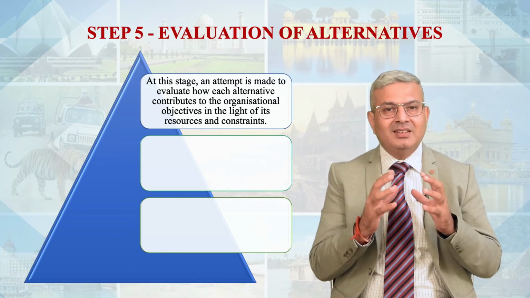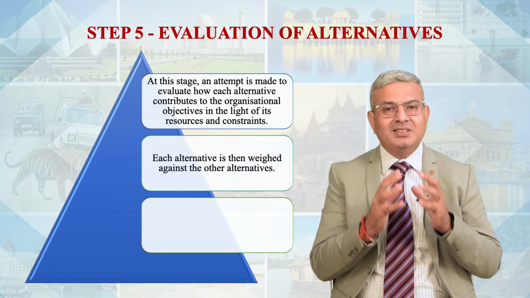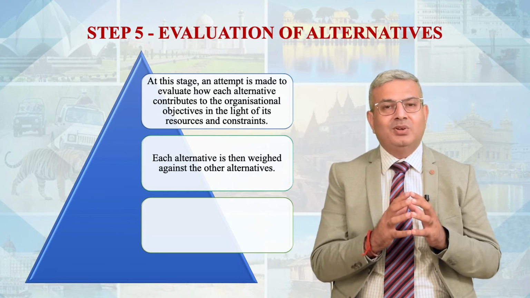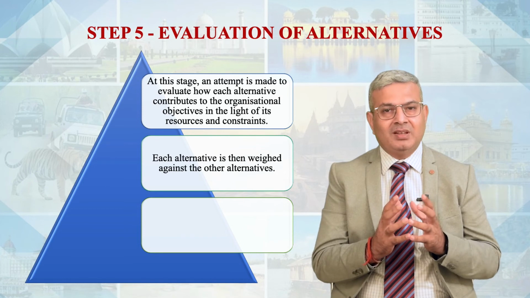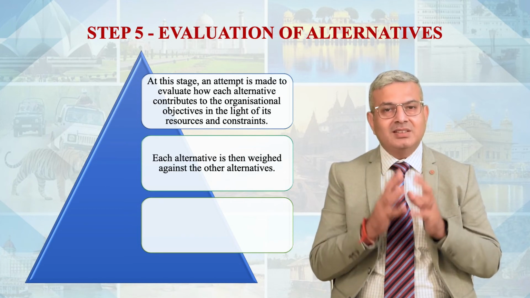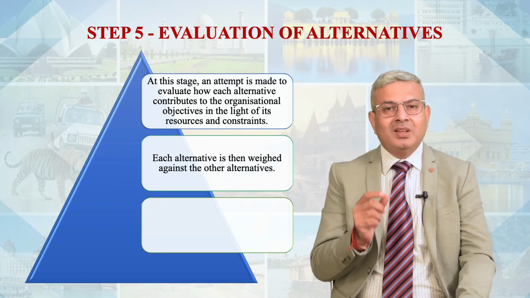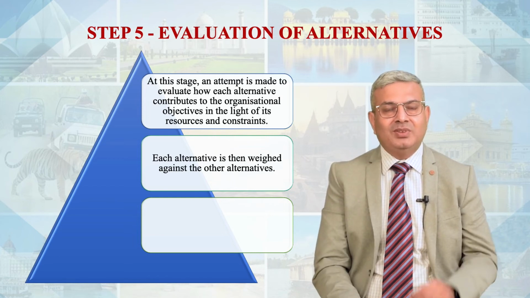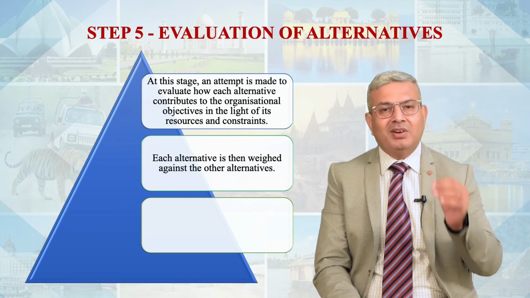Right here, each alternative is now compared with all other options. And how is this done? This is done by identifying the criteria on the basis of which the alternatives will be evaluated.